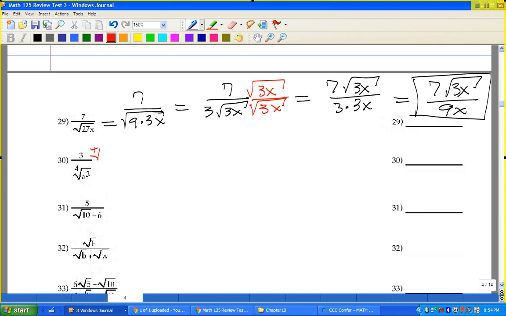So let's multiply and divide by rad a. And so this is equal to 3 rad a divided by, well, a cubed times a is a to the fourth. The fourth root of a to the fourth is just a. Again, I'm assuming that the radicand is positive.